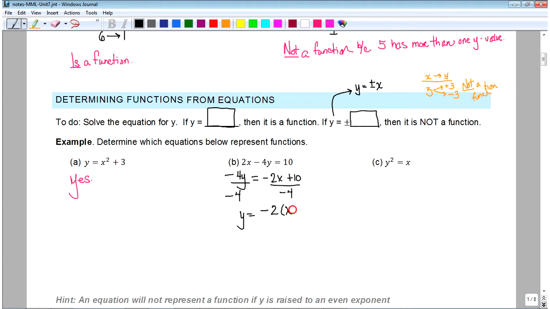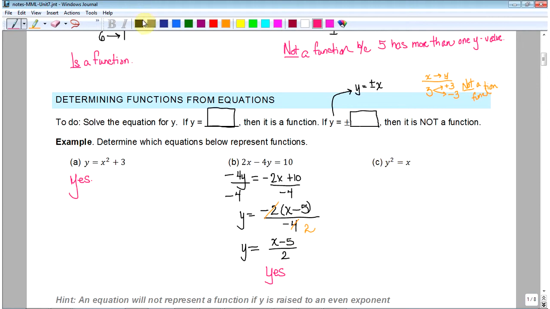Since I'm factoring out a negative, that's going to change the signs of everything in my parentheses. And by doing that, I can now cancel out the -2 with the -4, leaving me with 2 in the denominator. So this equation simplified to be y equals x minus 5 over 2. We don't have a plus or minus, so I know that this is a function.